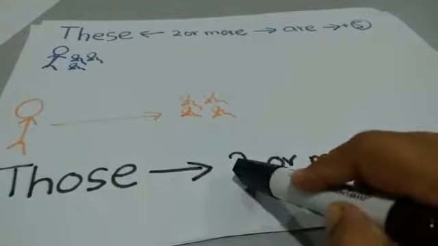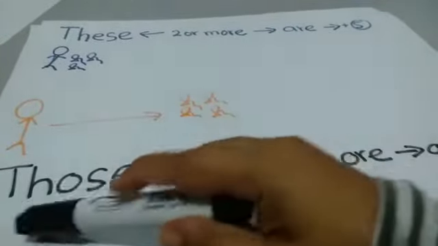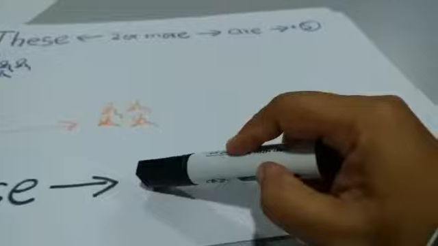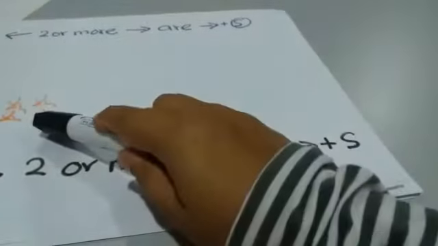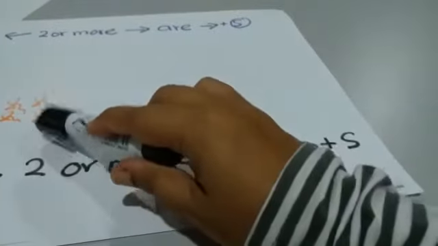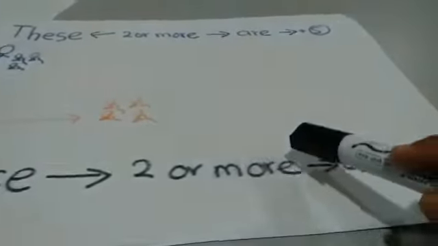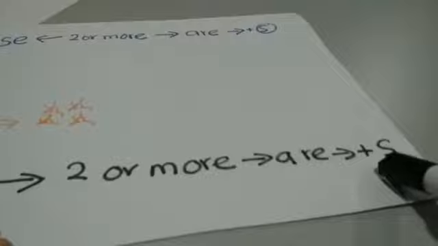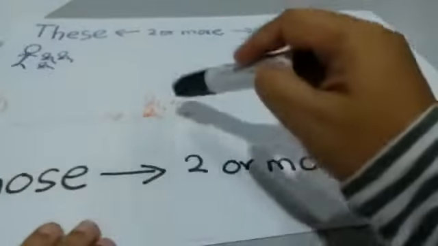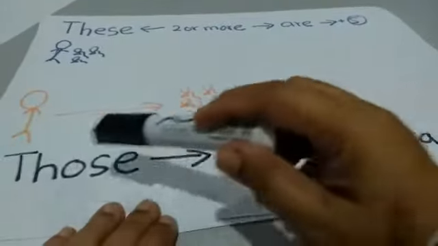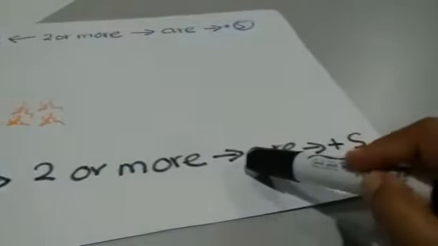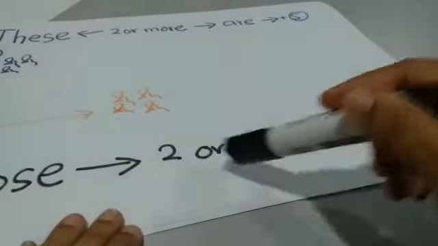And it is far away, so you have to use those, and it is more than 2, so you have to say those are, and the object is balloon. You have to add an s to it. So balloon becomes balloons. So you are going to say those are balloons.